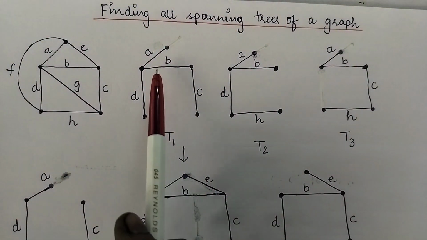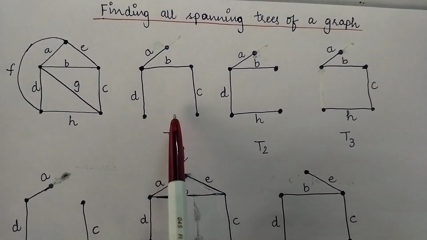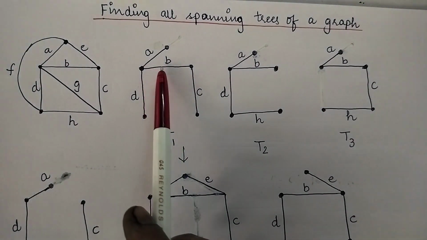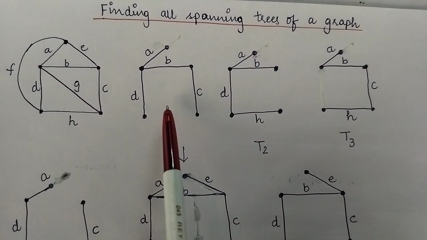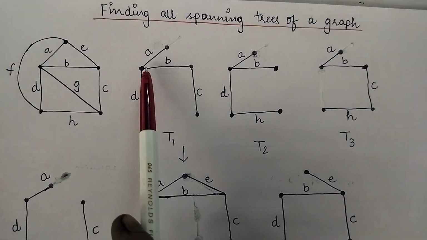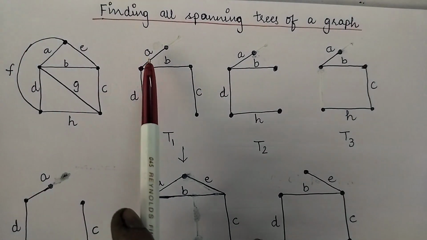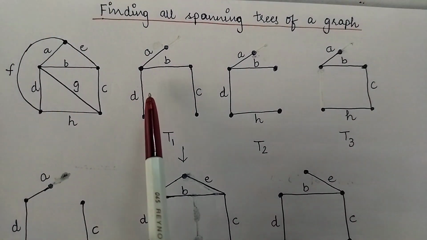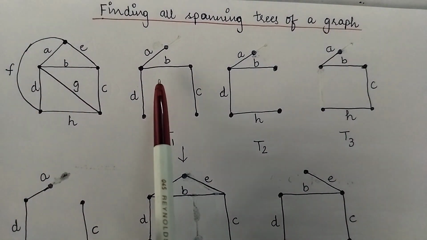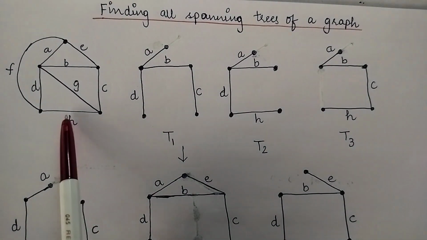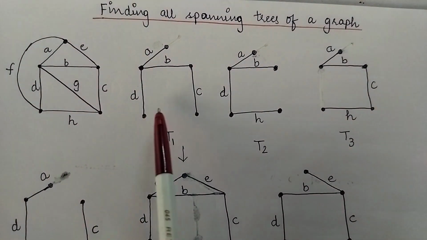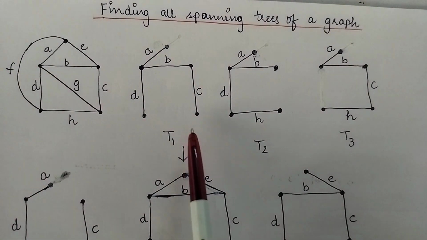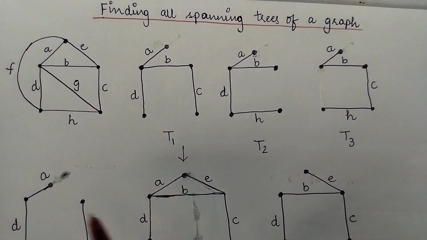Now if I add a chord H to this spanning tree. All the edges of this spanning tree are called branches, as you know very well by now, and all the edges that do not exist in this spanning tree are known as chords. So if I add chord H to this spanning tree T1, this forms a fundamental circuit.